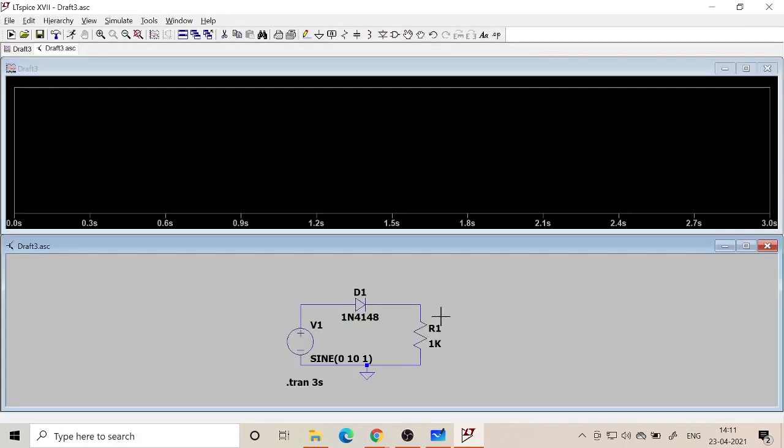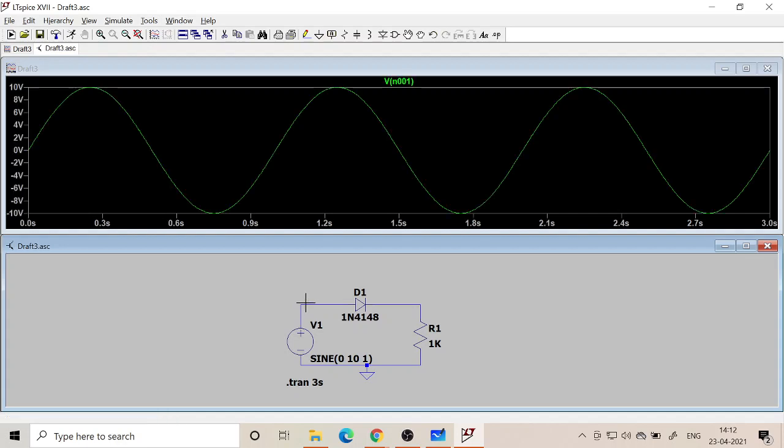So now a waveform plotting window will open, but nothing is plotted so far. Now you need to decide what you want to see. For that, you take this cross symbol and move it in the circuit. If you want to measure voltage at a particular node, this change of cursor will happen when you touch the point, and then you click there.